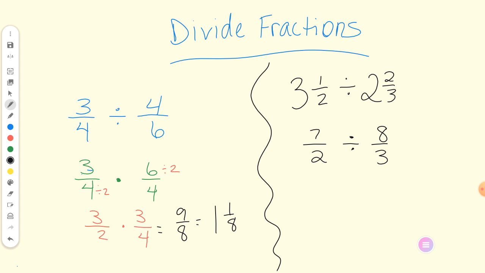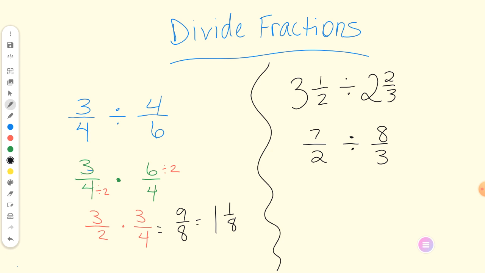Now that I have 2 fractions, Easton G, what is my rule for dividing fractions? Nope, that's adding and subtracting. And I know I'm throwing lots of rules at you. Kylie? Hold on, that's the trick. What's the rule? The rule is 4 words.